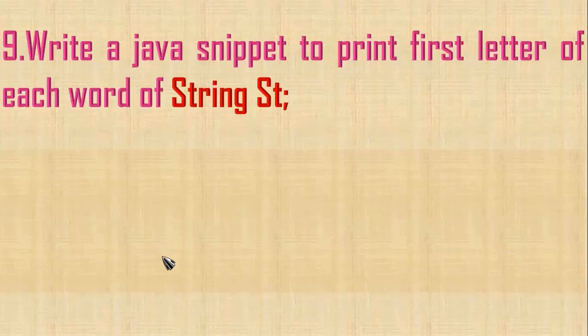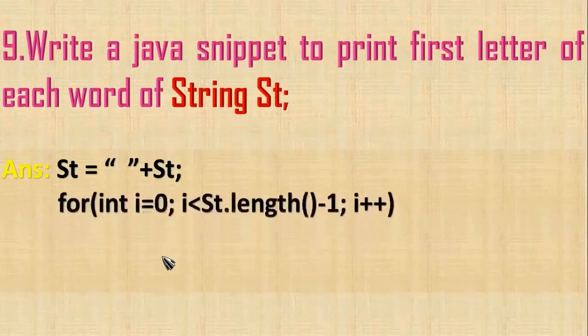When there is a space. In the beginning, most probably no one will give a space to start a sentence, so we will add one space before the string. So st is equal to one space plus st. After that space, whatever the first letter is, we can easily extract it.